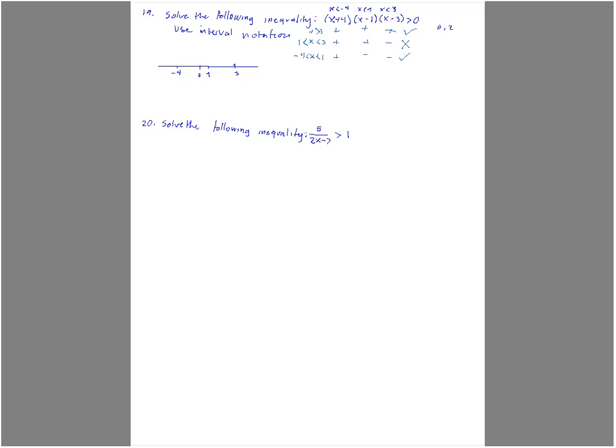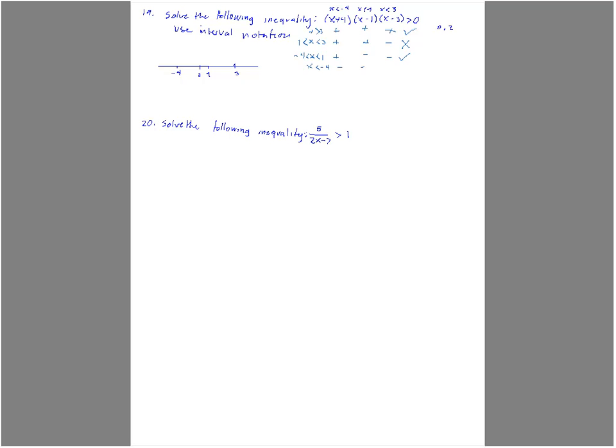So that'll work. And the last interval that we have to check is x is less than -4. And so if we plug in like -5, we have -5 plus 4, which is negative because that's -1. And then we have -5 minus 1, which is -6, also negative.